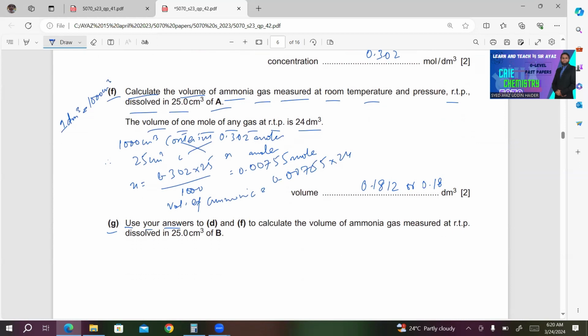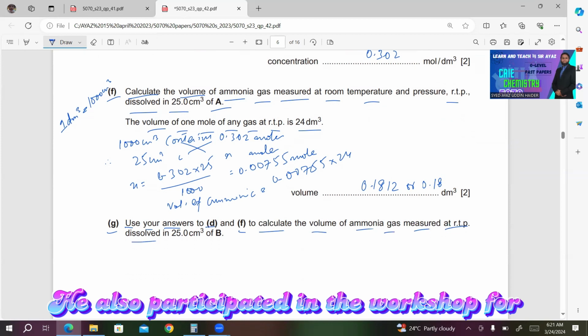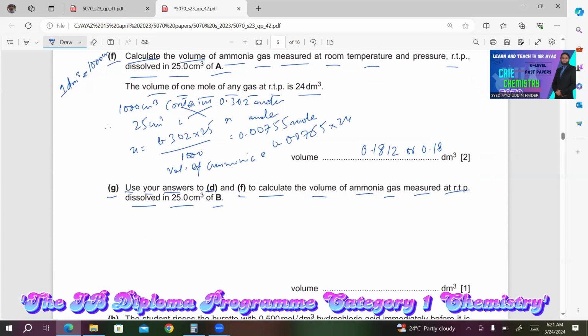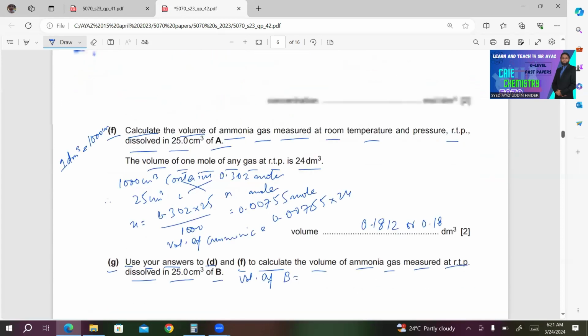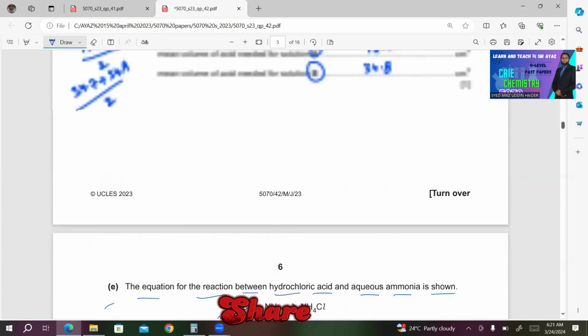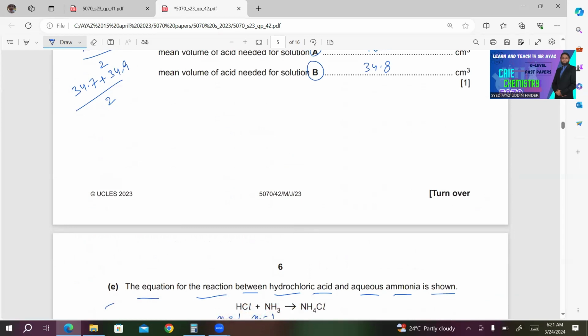G. Use your answers to D and F to calculate the volume of ammonia gas measured at RTP dissolved in 25 centimeter cube of B. So we'll use the same formula in order to calculate the moles per dm cube. Here, the volume of B is 34.8.